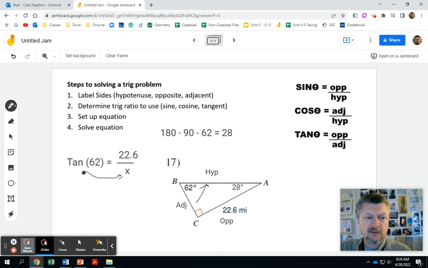Tangent 62 is going down there. X is going up. Oh, that's not good. X is going up there. All right, so then we rewrite it. X is on the left side. 22.6 is still on top of the fraction.